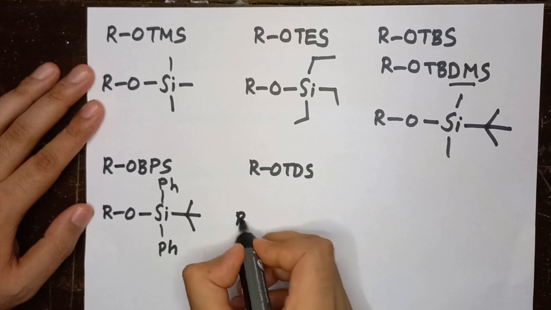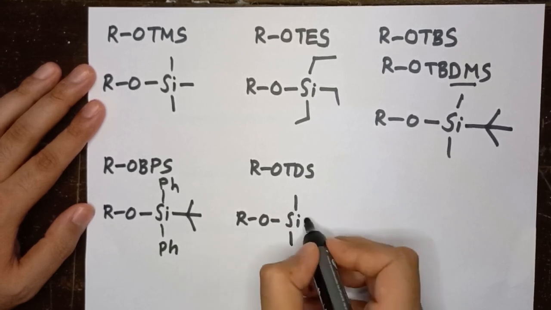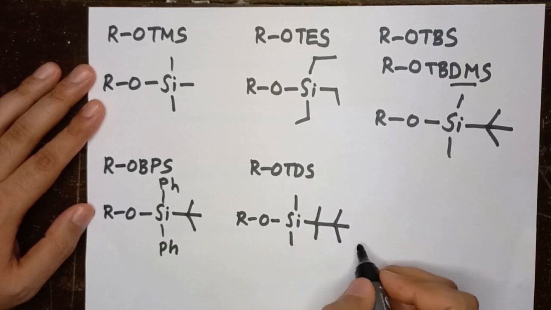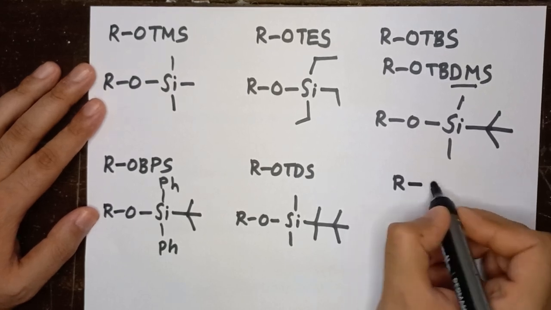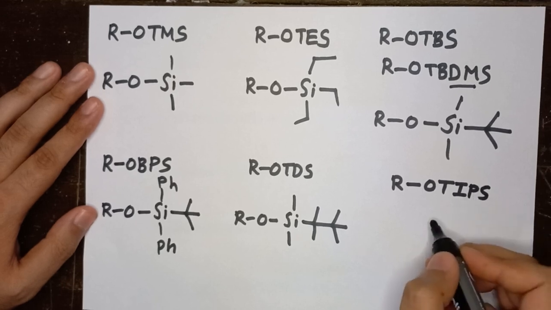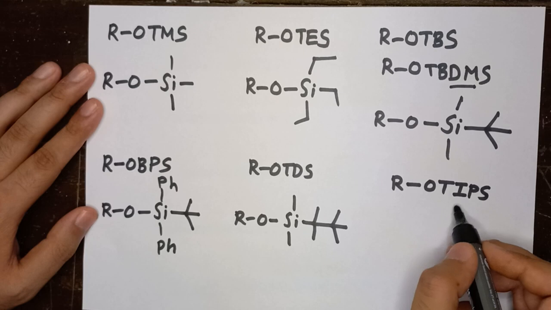This can be represented as RO silicon methyl methyl. Then we have this particular molecule here. Then we have RO TIPS chloride, or the corresponding TIPS silyl group. TIPS basically means triisopropyl.